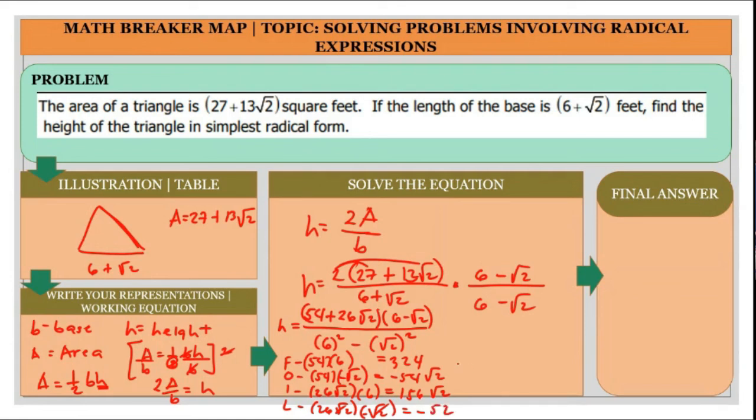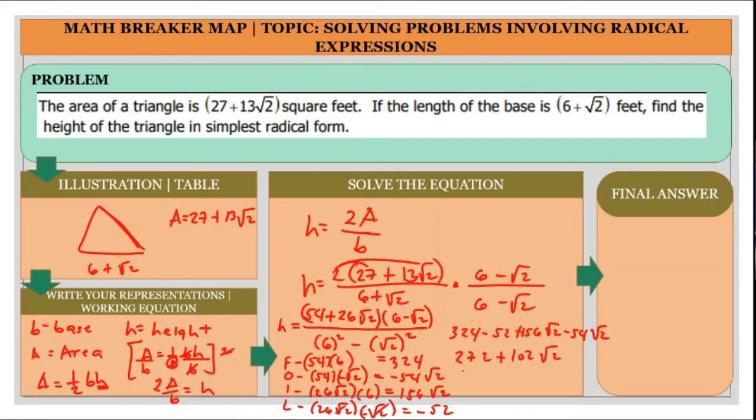Combining similar terms, it will become 324 minus 52 plus 156 square root of 2 minus 54 square root of 2. So 324 minus 52 is 272, plus 156 minus 54, that is 102 square root of 2.